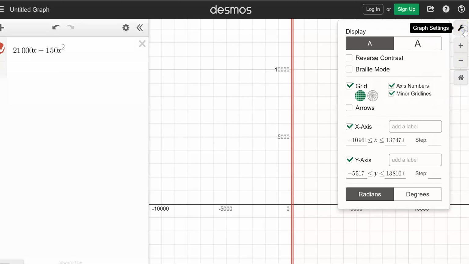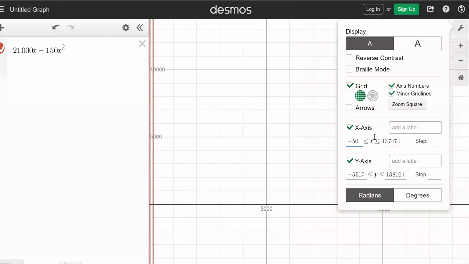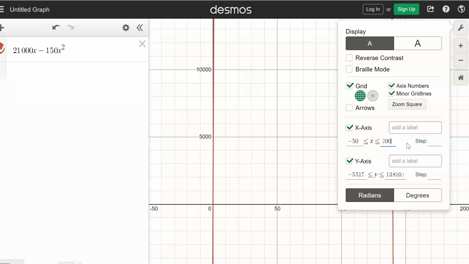So if I go up into graph settings, I can change my axis information. I know I want to be in quadrant 1, so maybe for my x-axis I start at, I don't know, -50, and I know I'm going to go out to 140 for the other x-intercept, so maybe I'll bring that out to 200, so my x-axis goes from -50 to 200, just to have a little bit of room on either side of my graph.